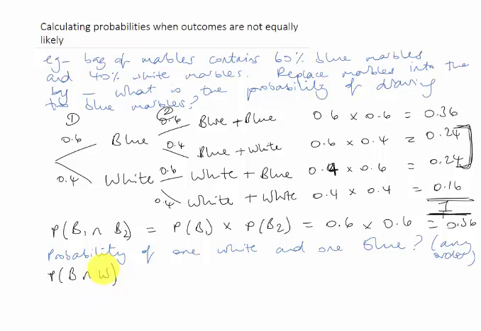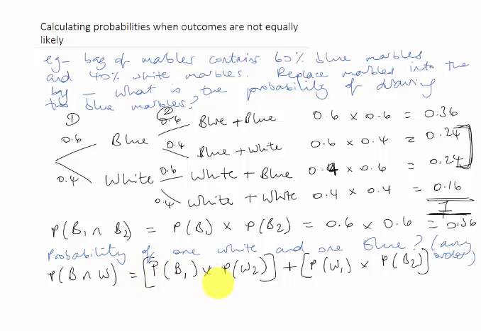So that's the probability of drawing a blue first times the probability of a white second. So that is a blue and then a white, plus the probability of drawing a white and then a blue, so white first times blue second.